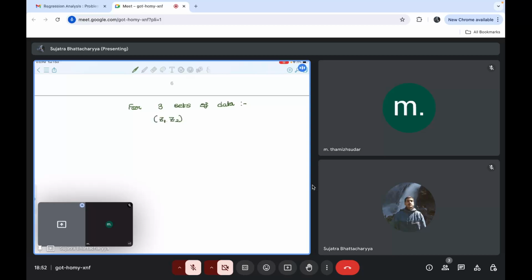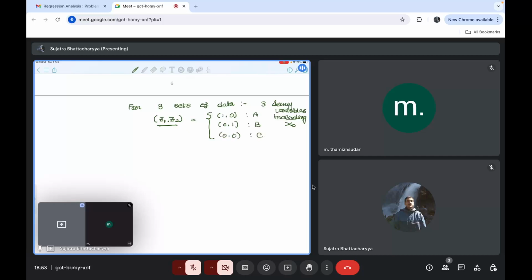In actuality there are two dummy variables, but as in the earlier case, we will introduce another X naught. So for three sets of data, you will have three dummy variables, including X naught. But excluding X naught, there are only two. So we will be using 1 comma 0 for set A, 0 comma 1 for set B, and 0 comma 0 for set C.